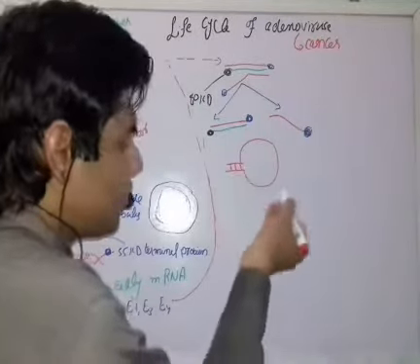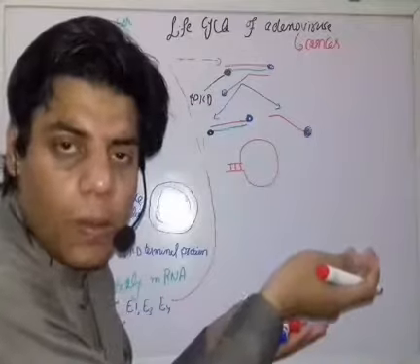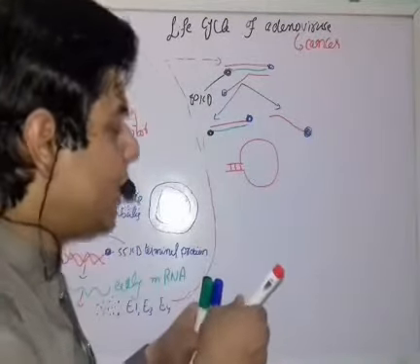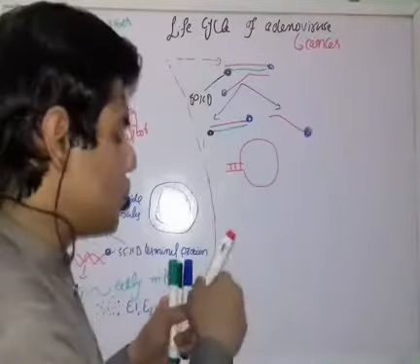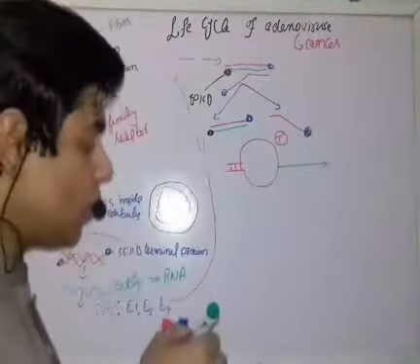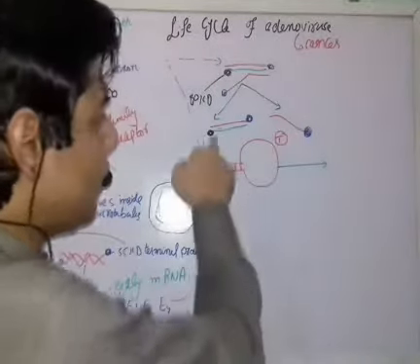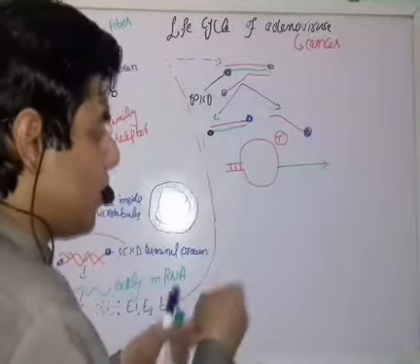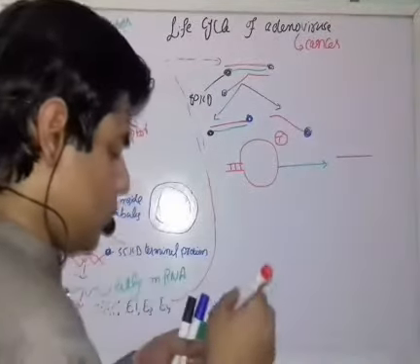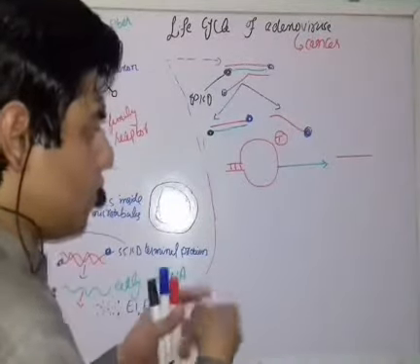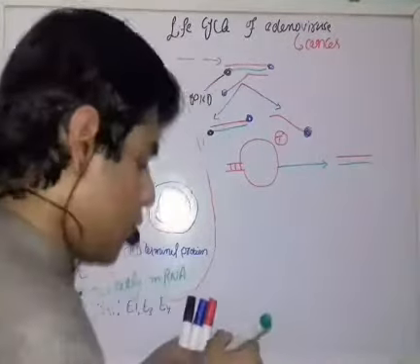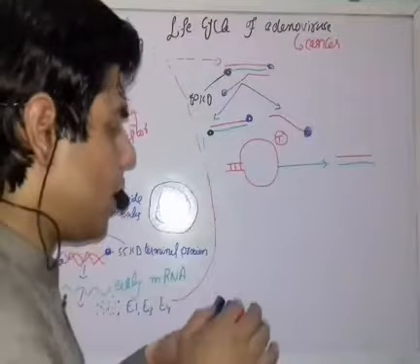These are the nucleotides. Once we get this pen handle like structure, now this strand is used as a template, and then we get these two strands again from this pen handle like structure.